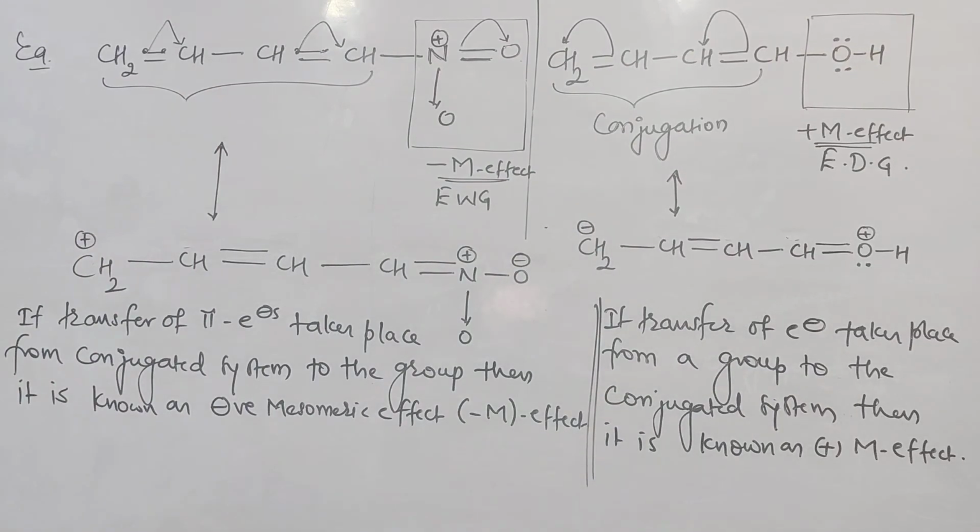Now why this happens, that I am going to teach you. Which groups will have a negative inductive effect and which groups have a positive inductive effect, that I will tell you. What is a negative mesomeric effect?